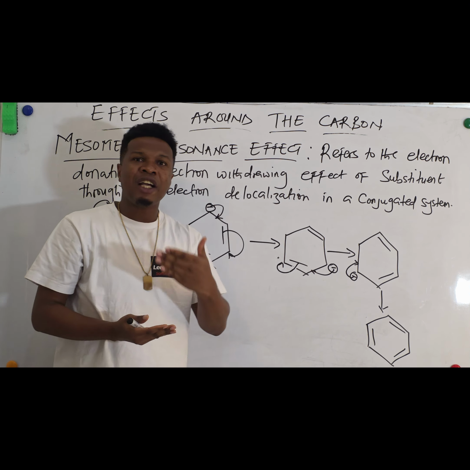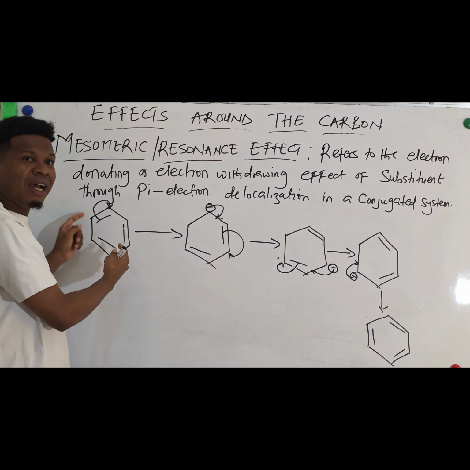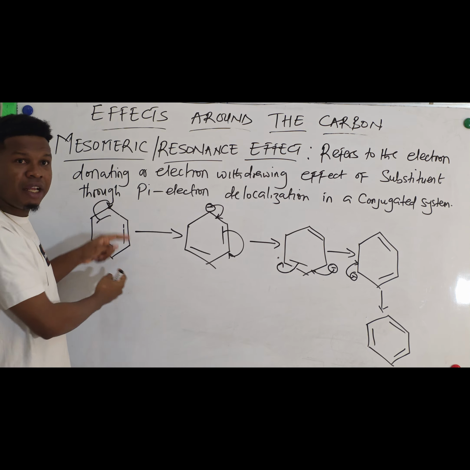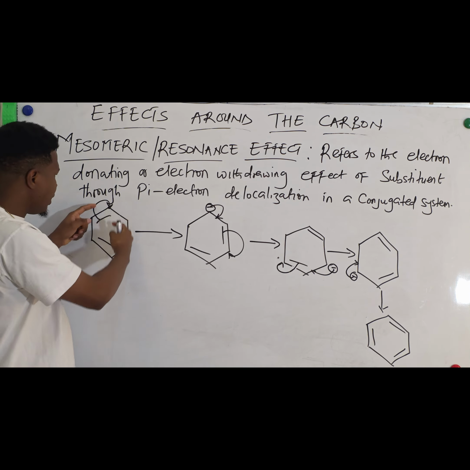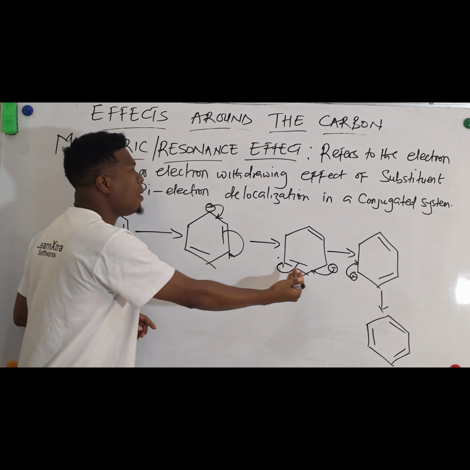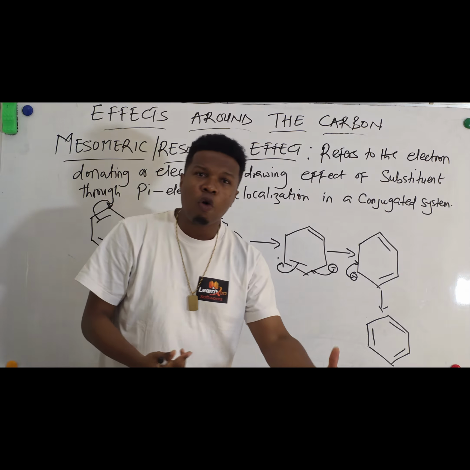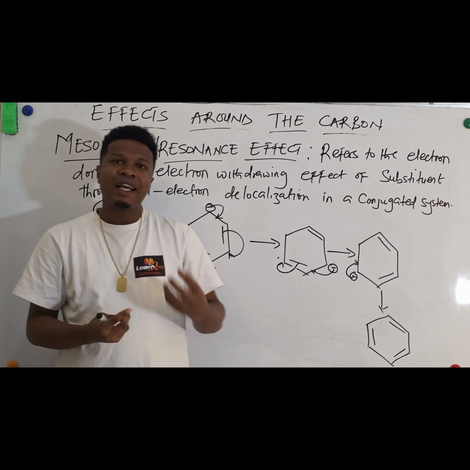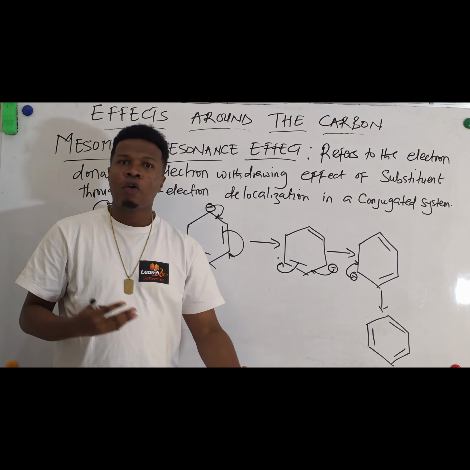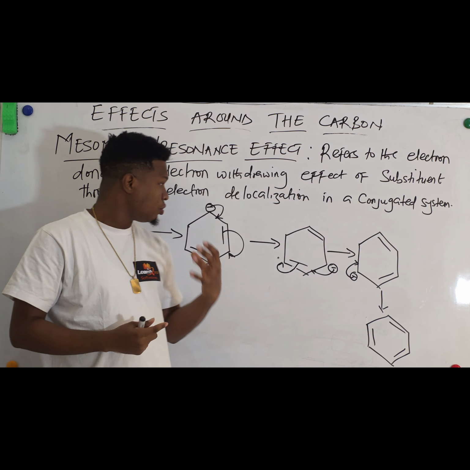So the substitution reaction simply means that around this carbon, substituents will come and replace the hydrogens, because you know there are 6 hydrogens surrounding this carbon. Those substituents can either be electron withdrawing group substituents or electron donating group substituents. So this substituent determines the position of any incoming material or substances that are coming to attach to this carbon.